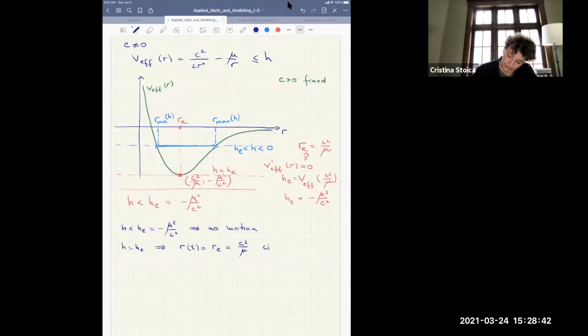We have circular motion. Then for H in between HE and up to 0, we have R of T belonging to an R min that depends on H, and it goes up to an R max that depends on H.